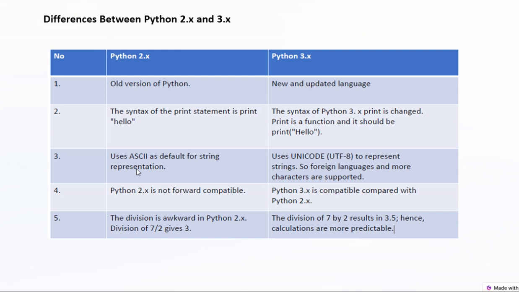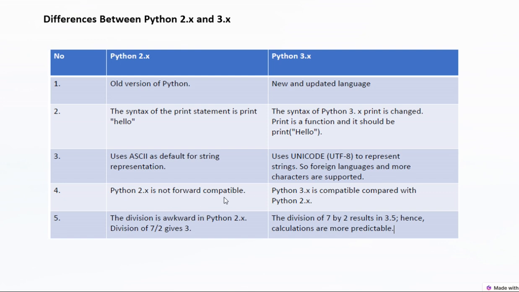Python 2.x uses ASCII as default for string representation, but Python 3.x uses Unicode, that is UTF-8, to represent strings, because many foreign languages and more characters are also supported here.